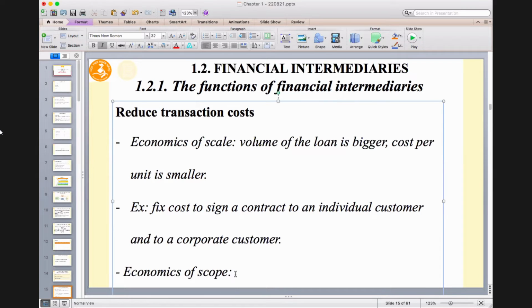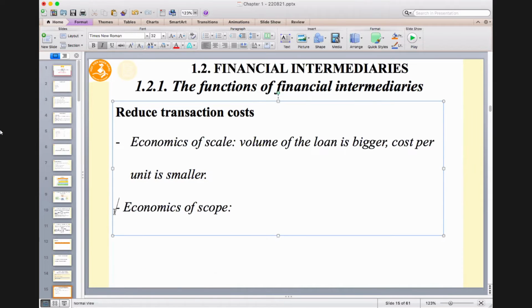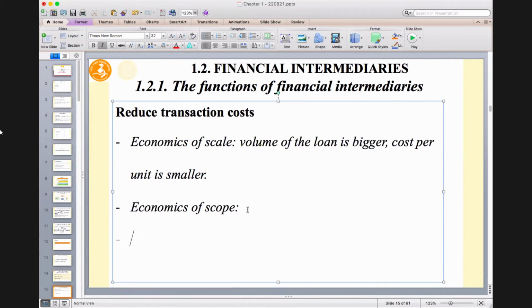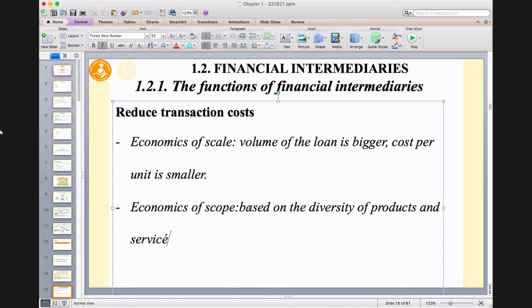The economy of scope means, let me show you an example. It's based on the diversity of products and services of the bank.